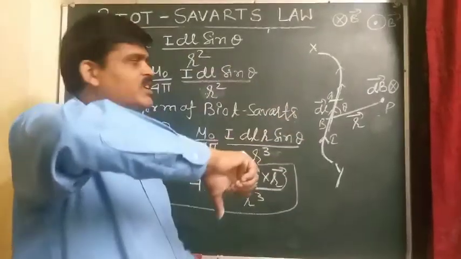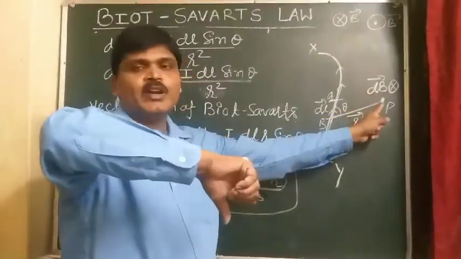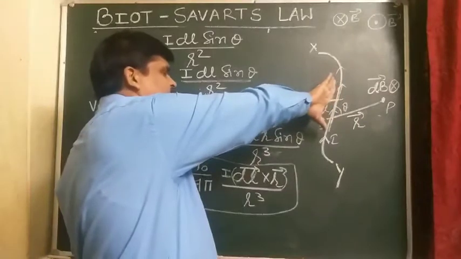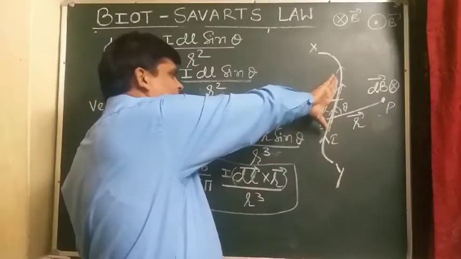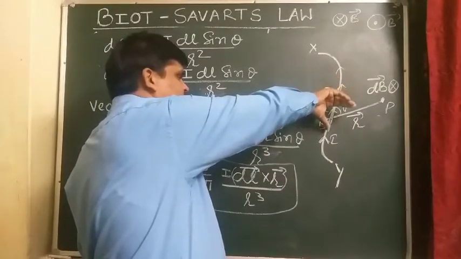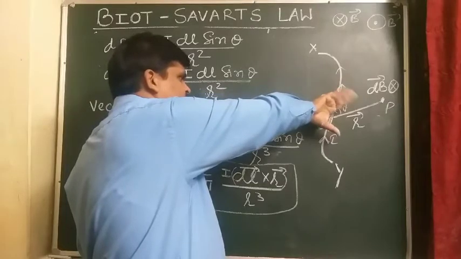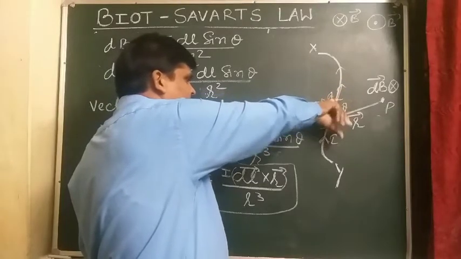Then the thumb will give the direction of the magnetic field at point P. So the first vector is dl, and we rotate it toward the second vector. See here, dl cross r.